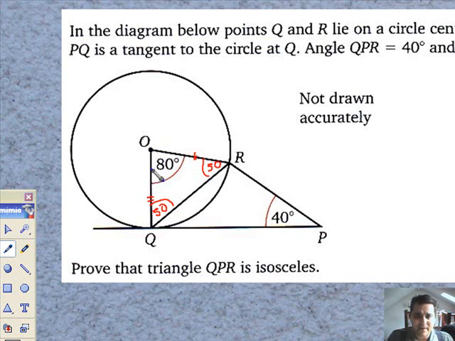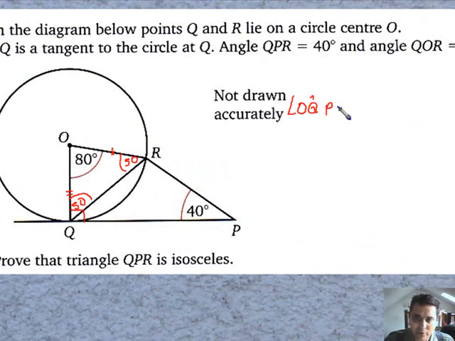So look very carefully. OQ is a radius. QP is a tangent. Therefore, this angle is 90 degrees. Let's begin to prove it. Angle OQP equals 90 degrees. Why?